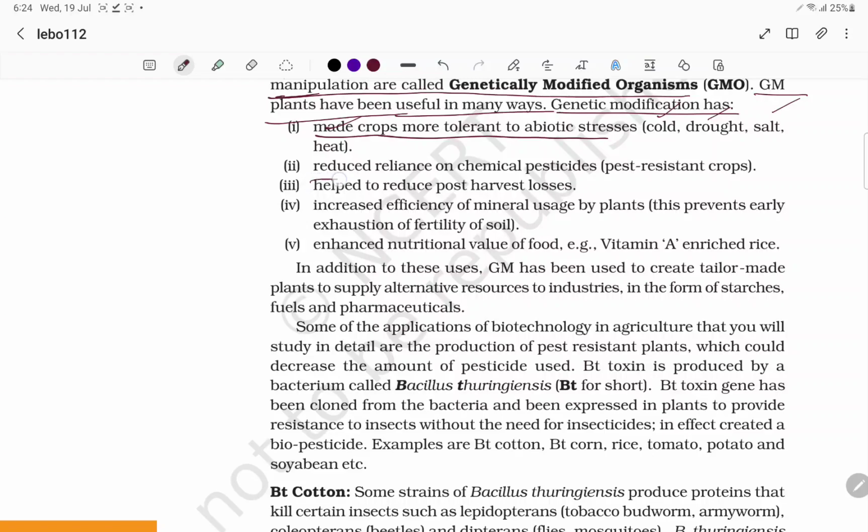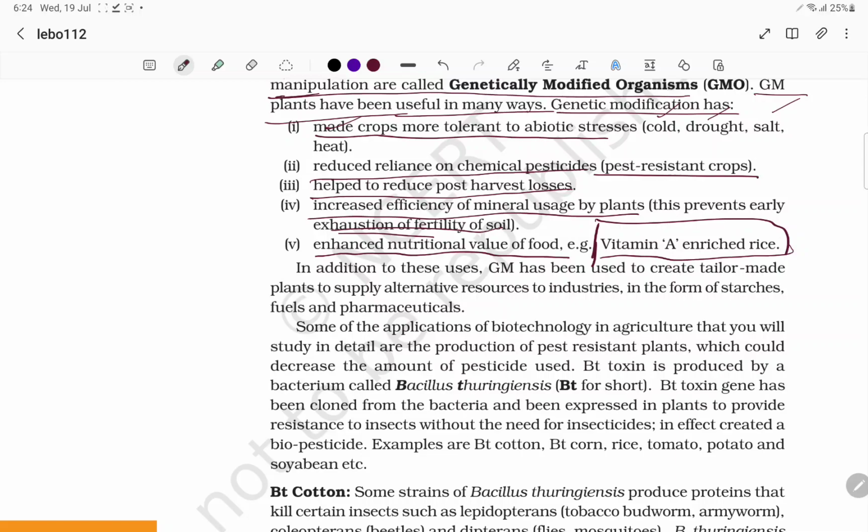Reduced reliance on chemical pesticides means pest resistant crops. They help to reduce post harvest losses, meaning the produce should not rot very early. They also enhance the nutritional value of the food, for example, vitamin A enriched rice.